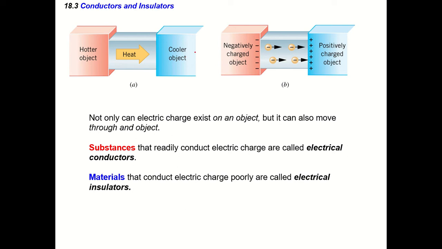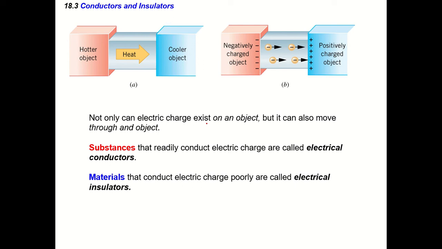In a similar manner, we have here a negatively charged object, and we have here a positively charged object. So what will happen is that the negatively charged object will be attracted, or will transfer, to the positively charged object, and will combine them. So the positively charged will attract, or will pull, the negatively charged object.